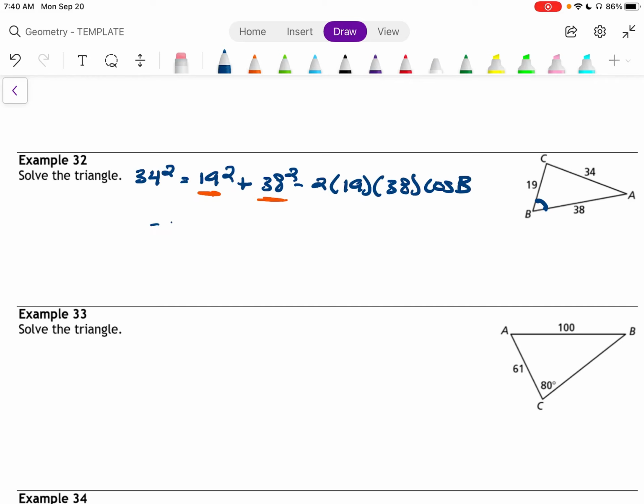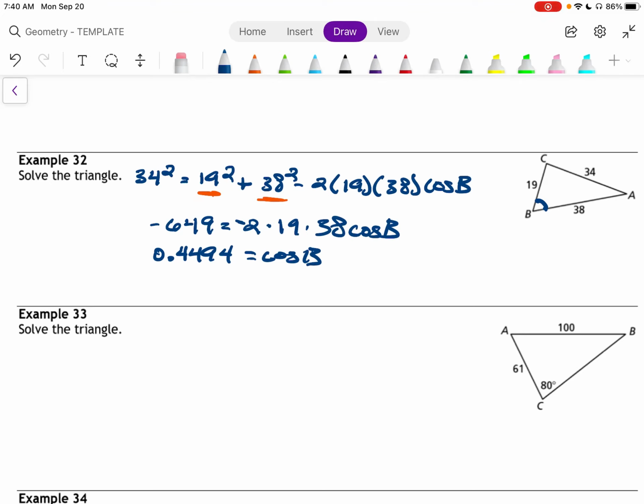This is negative 649 equals negative 2 times 19 times 38 cosine B. Now I'll divide by negative 2 and press enter, then divide by 19 and press enter, then divide by 38 and press enter. So now I have 0.4494 equals cosine B.